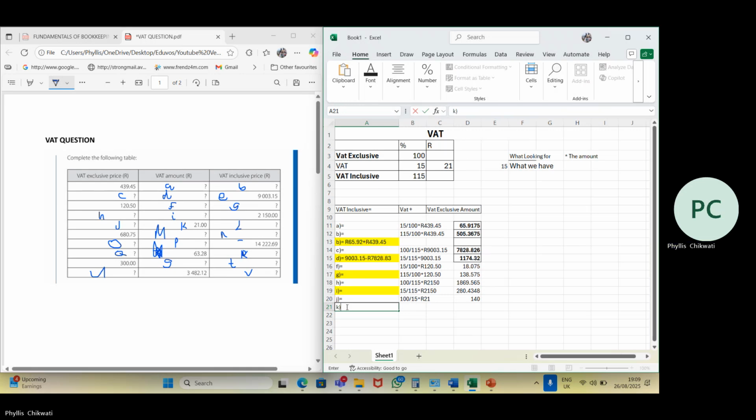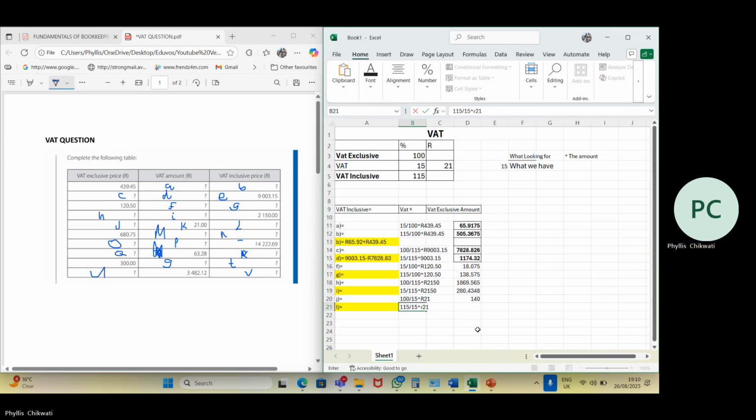Okay? Our K, we do have it. So I think I was numbering too much. Okay, I need L. Okay, so with L, it's going to be our VAT inclusive amount. Therefore, it will be 115 divided by 15 times 21 rand.